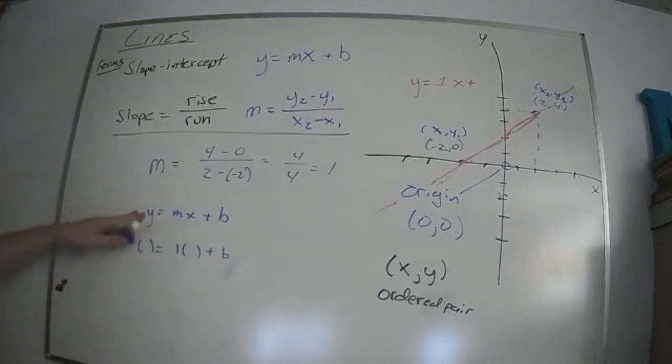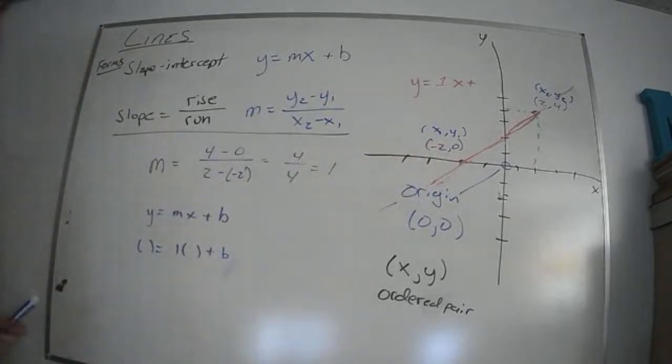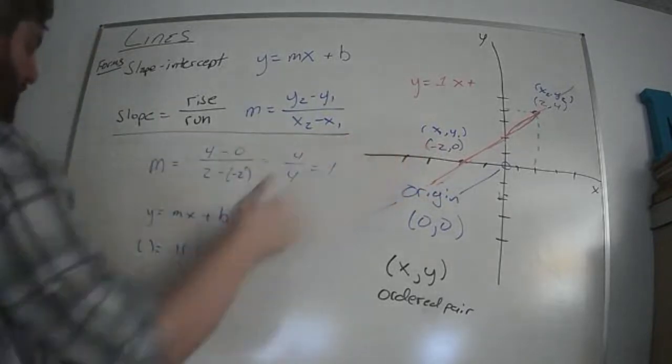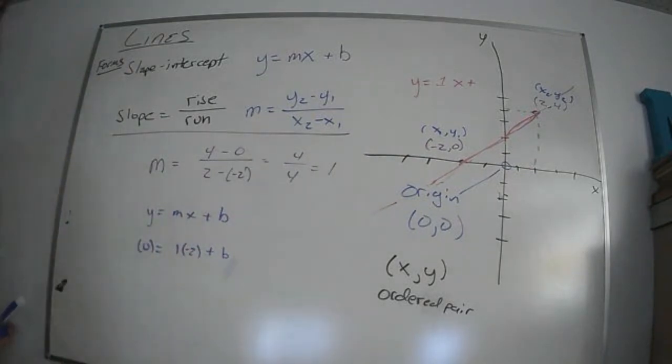I can take any point on this line, because every point on this line will satisfy this equation. So why don't I use this one? If I take this point, I can substitute it: the x value is minus 2, and the y value is 0. And then I simply solve this equation for b.